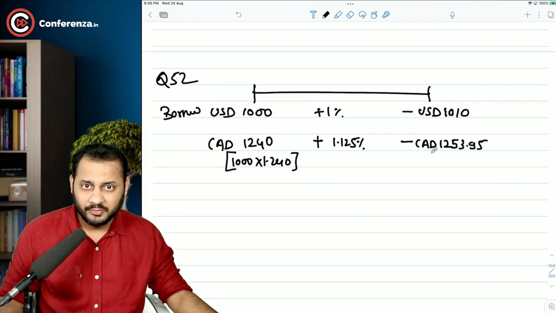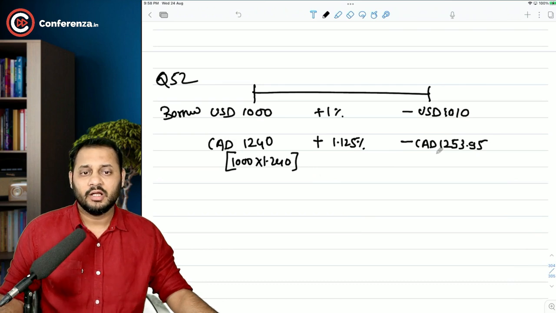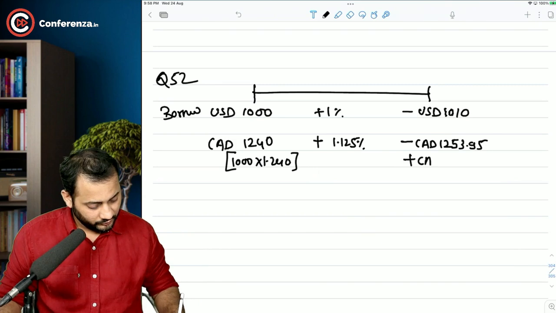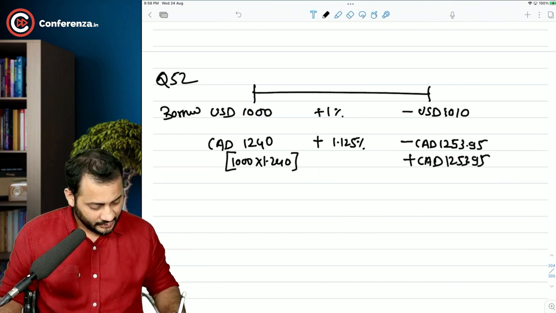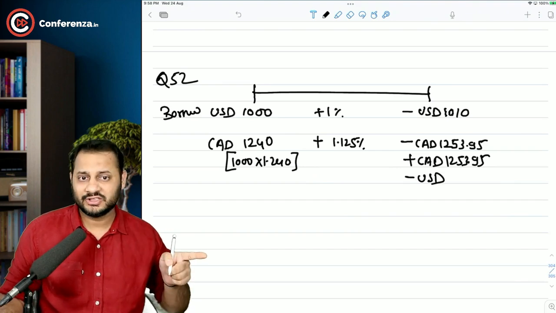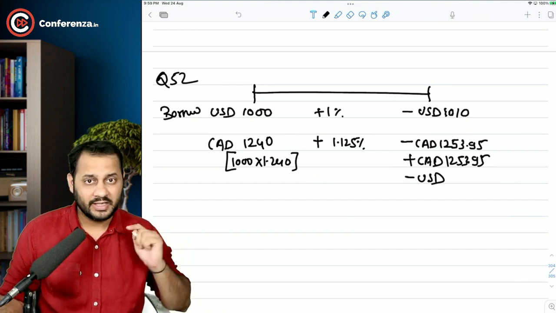We have to make the payment to the party, and for that purpose we need to buy this much of the Canadian dollar. First we will buy it and then make the payment. You will have to buy this much in order to make the payment, and for that purpose you will have to sell USD. If you sell USD at the end of 90 days, the bank will buy it.